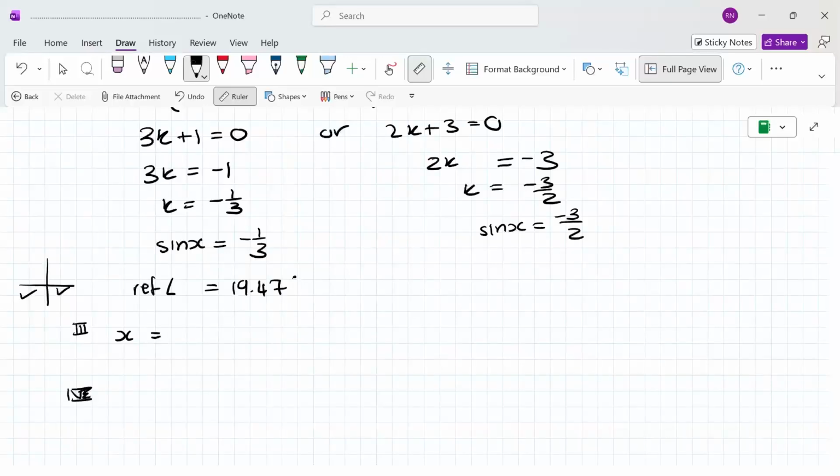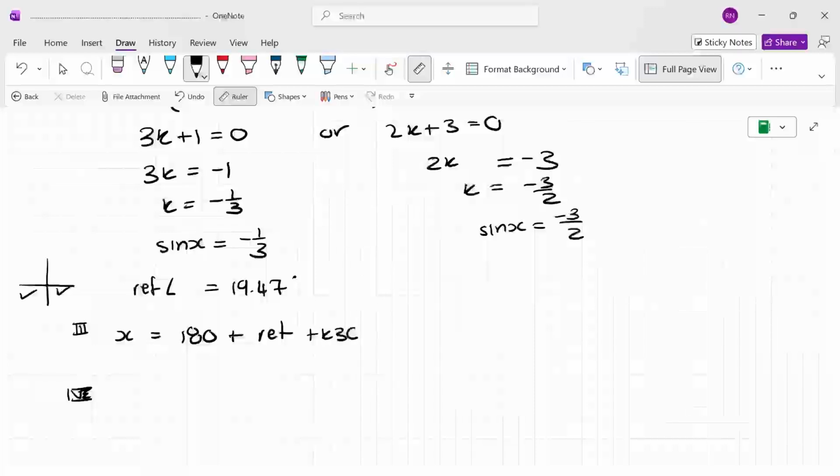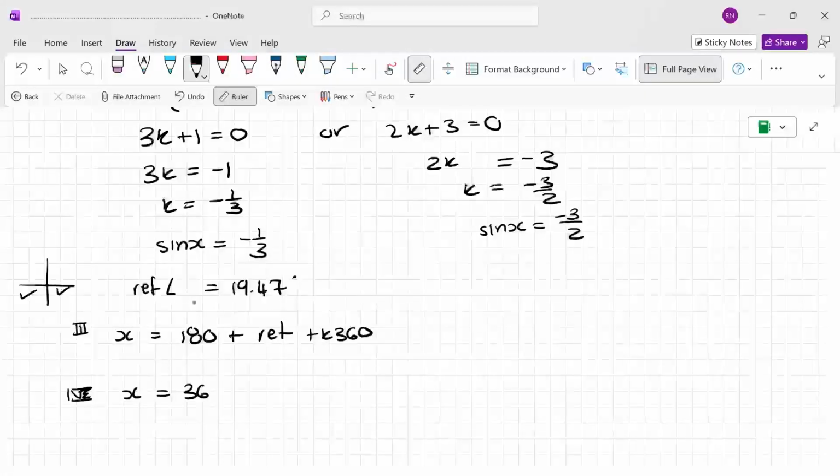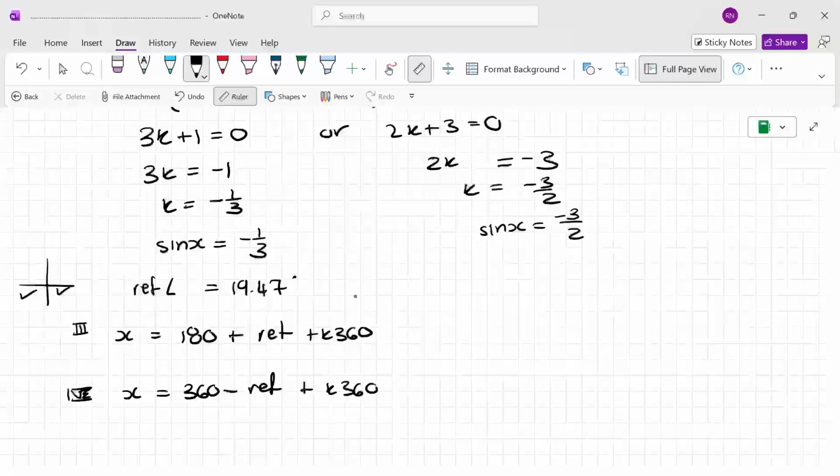So in the third quadrant, it's going to be equal to 180 plus the reference angle, right? Plus k 360, and the other one is going to be 360 minus the reference angle plus k 360, right?